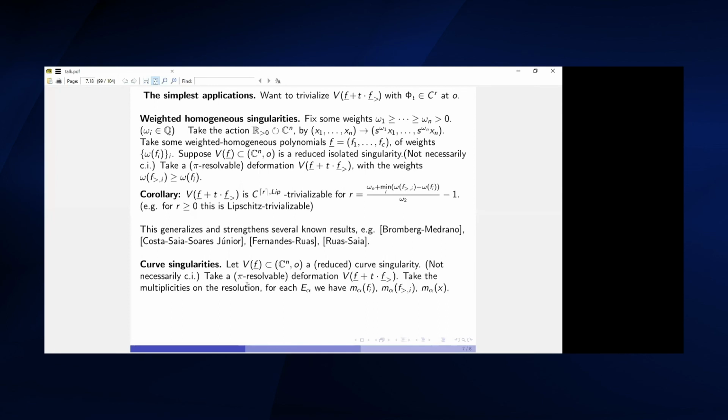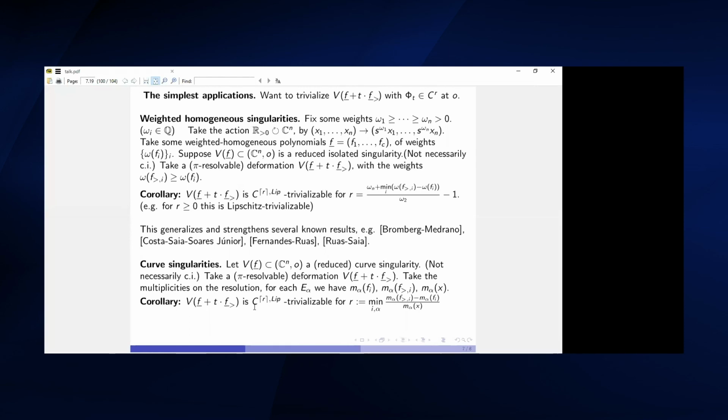Now, for this resolution, take the multiplicities of the total transform of all the equations, all the perturbations, and of the local coordinates. And then we get that this family is C^R Lipschitz trivializable, where R is given in this form.